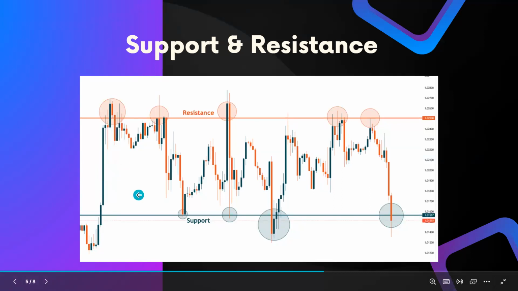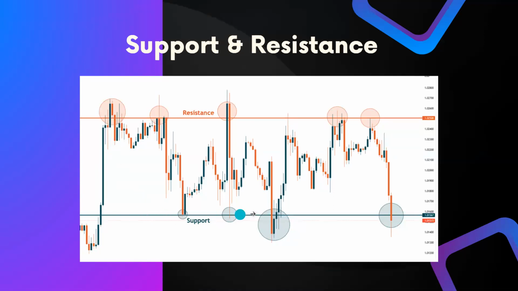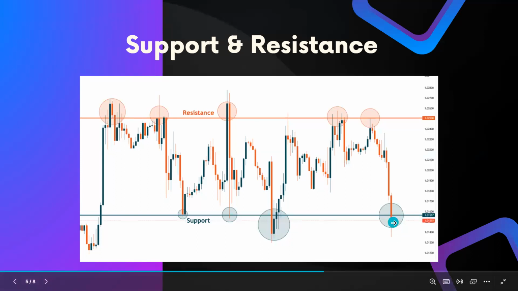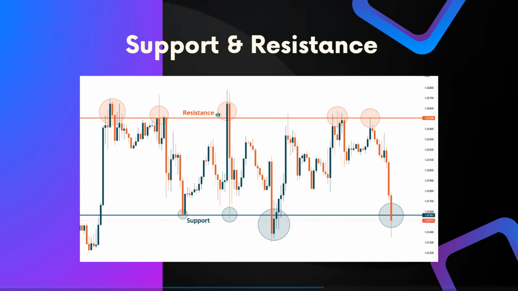For a very long time, this was our support. Now, some traders will wait for the market to come here and actually break the support to go in for a sell. So, as of right here, you could be a trader that's looking to break your support zone and go for a sell at the break, or you're a trader that's looking for that rejection for the buy. Either way, the indicator is going to map out what you should do.